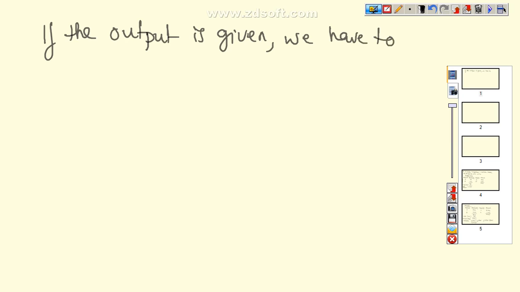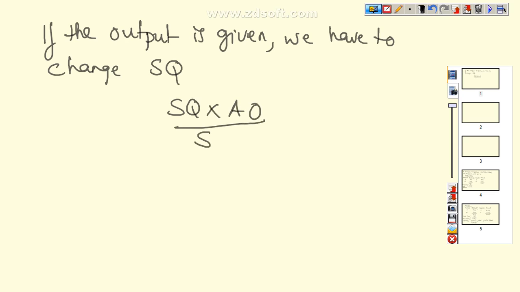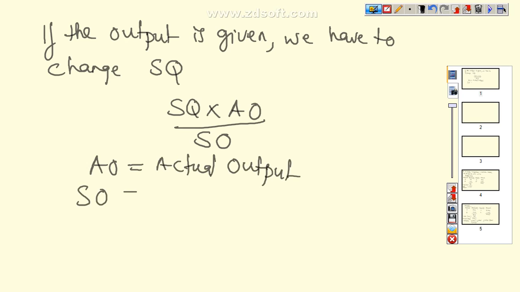We have to change standard quantity, meaning wherever standard quantity is there in the main equation, we have to change it there. That is equal to standard quantity multiplied by actual output upon standard output. Here AO is equal to actual output and SO is equal to standard output.